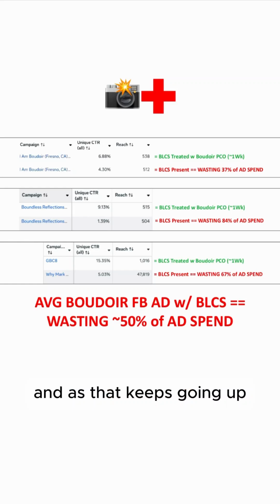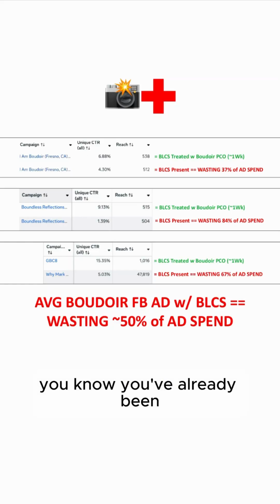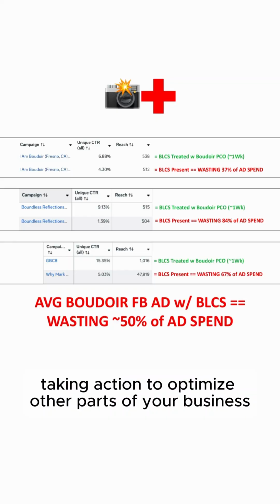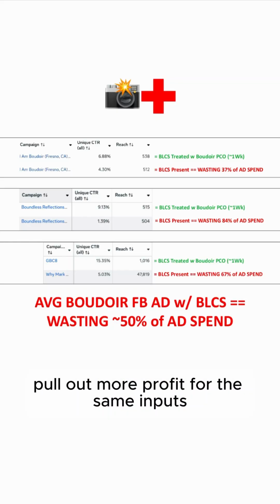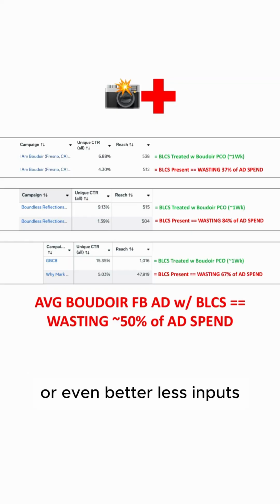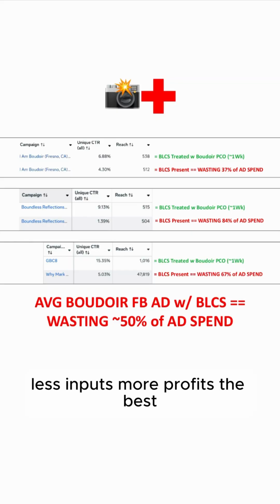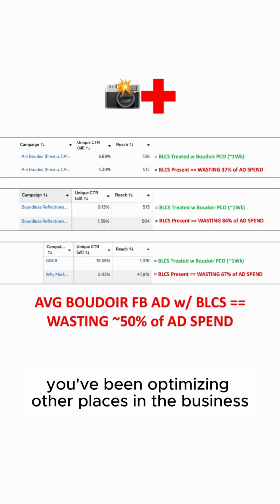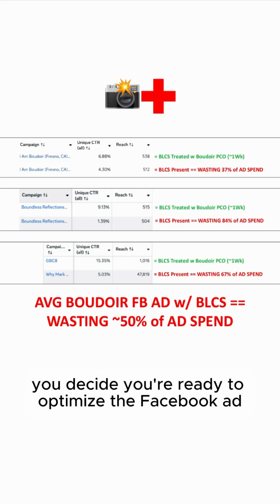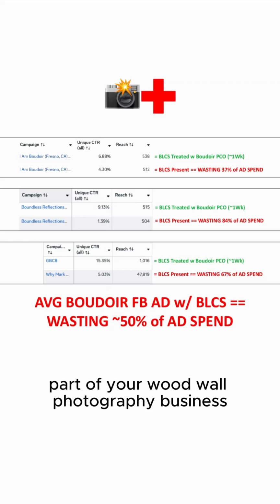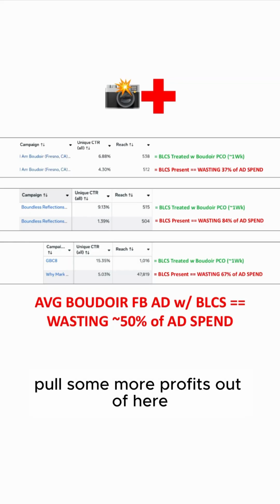And as that keeps going up, you've already been taking action to optimize other parts of your business, pull out more profit for the same inputs, or even better, less inputs, more profits, the best. And so you've been optimizing other places in the business, and now you decide you're ready to optimize the Facebook ad part of your boudoir photography business. Pull some more profits out of here.